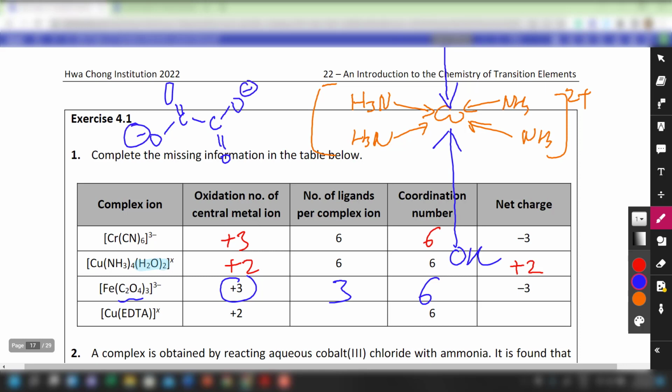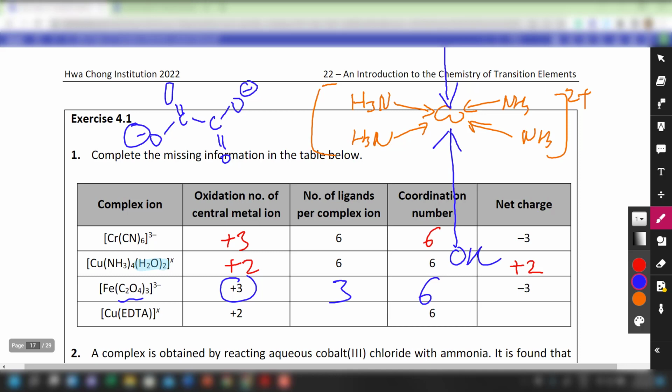This is the ligand originating from oxalic acid, or what we call ethanedioic acid. There are 2 coordinating sites at the oxygens bearing the negative charge, and altogether the coordination number is 2 times 3, so that will be 6.